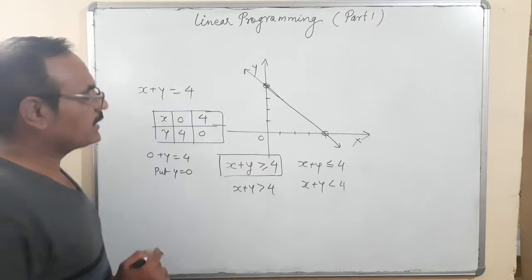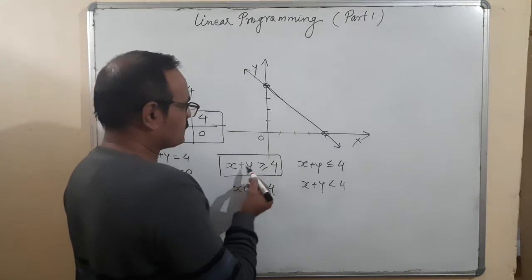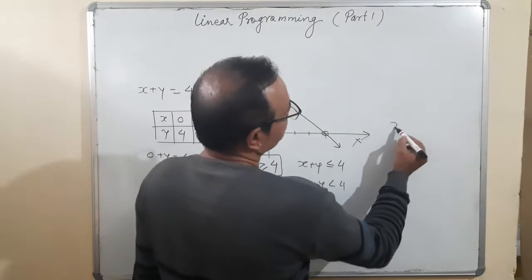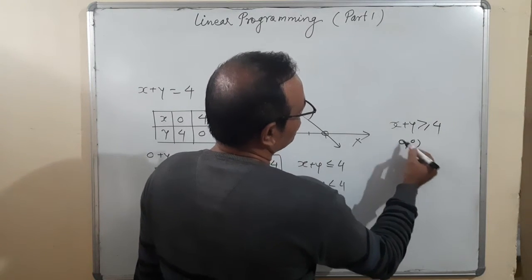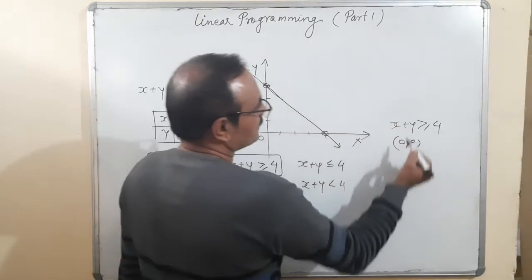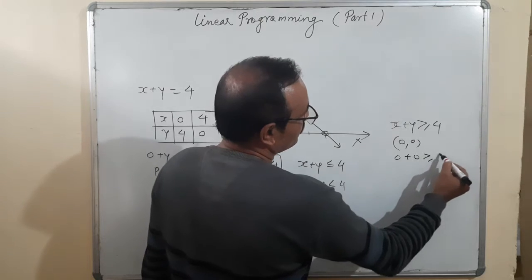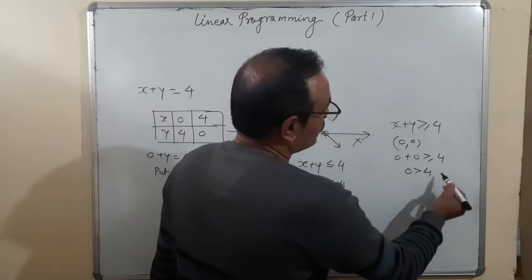How to check whether it is towards the origin or away from the origin? The simplest way: if x plus y is greater or equal to 4, we simply put 0, 0. That means we are going to put the origin here. So I'll get 0 plus 0 is greater or equal to 4. Is it true? Is 0 greater than 4? Which is not true.